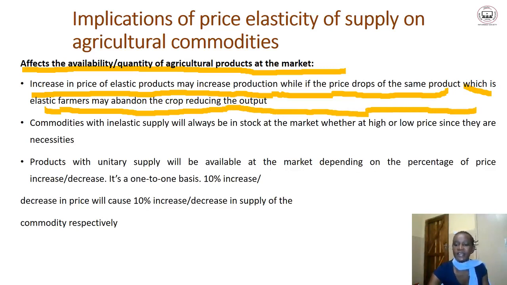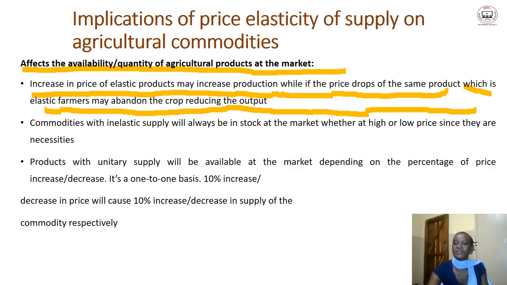As I was giving an example of tobacco, if the price of the commodity increases a little bit, for example, cash crops, you find out that most of the farmers would grow that product. They'll produce more, leading to high production of that commodity.